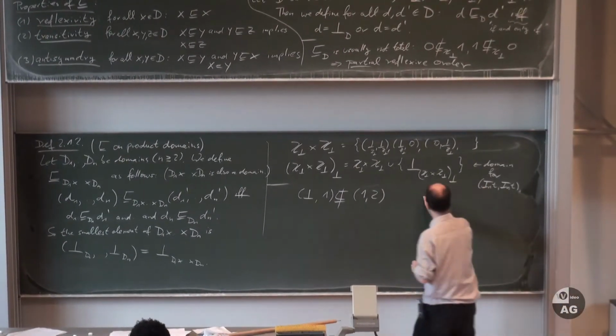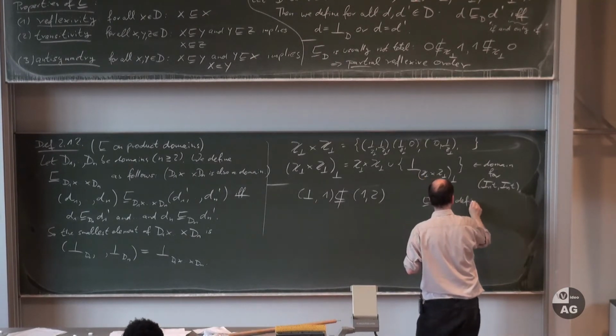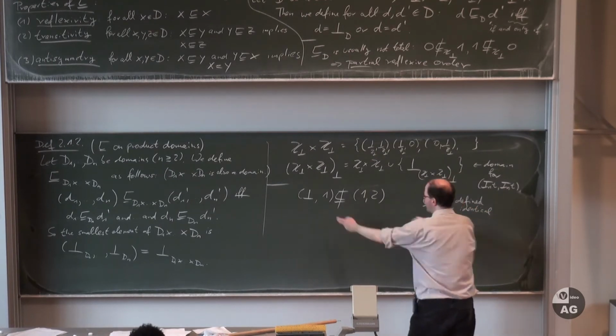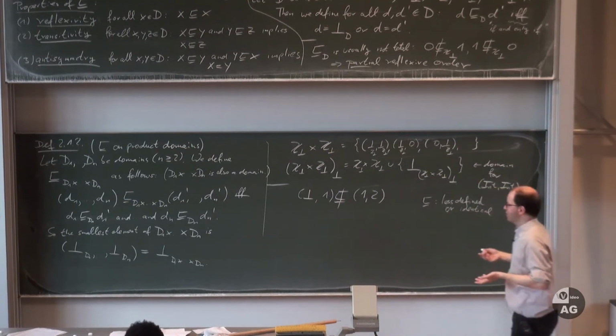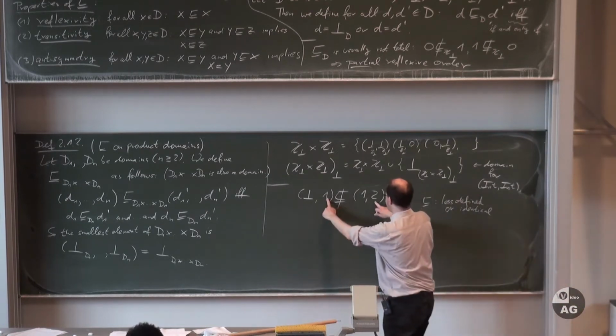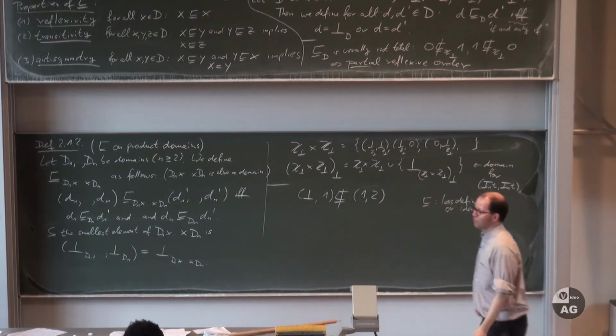So this means, maybe I should say less defined or identical. And well, if you compare 1 and 2, they are both fully defined and they are not identical. And therefore, well, 1 is not less defined or equal to 2, and therefore it doesn't hold for these components either.